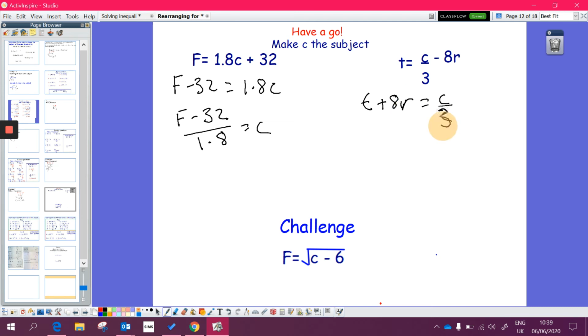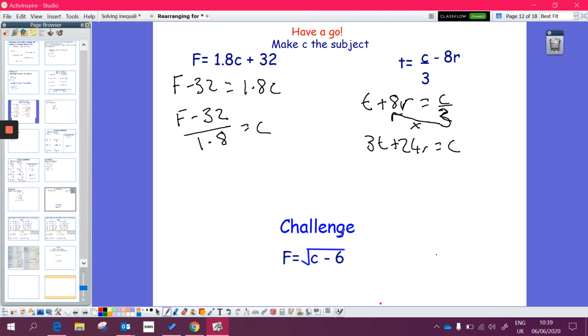And then this means divide, so it gets times up there. But remember, you times everything by that 3. So you get 3t plus 24r equals your c. So remember, just to multiply everything, that is where the biggest mistakes normally happen on those ones.